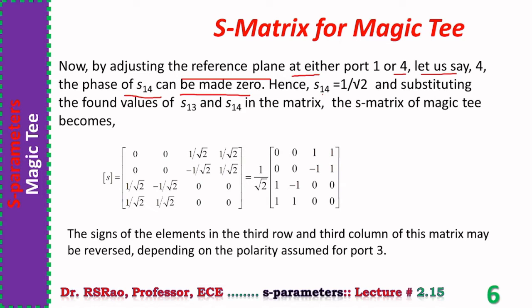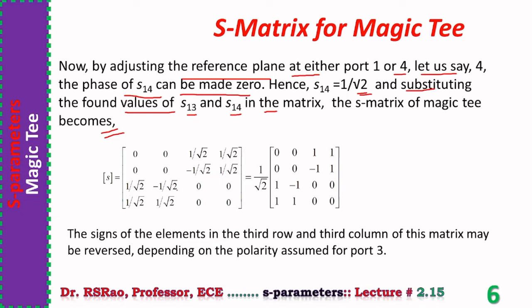Hence, the parameter S14 is 1 by root 2. Substituting the found values of S13 and S14 in the matrix, the S matrix of the magic T becomes 0, 0, 1 by root 2, 1 by root 2; 0, 0, minus 1 by root 2, 1 by root 2.